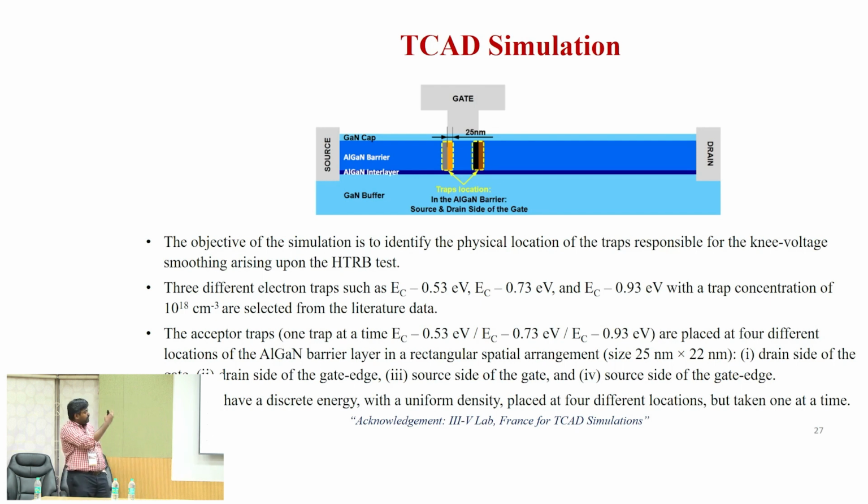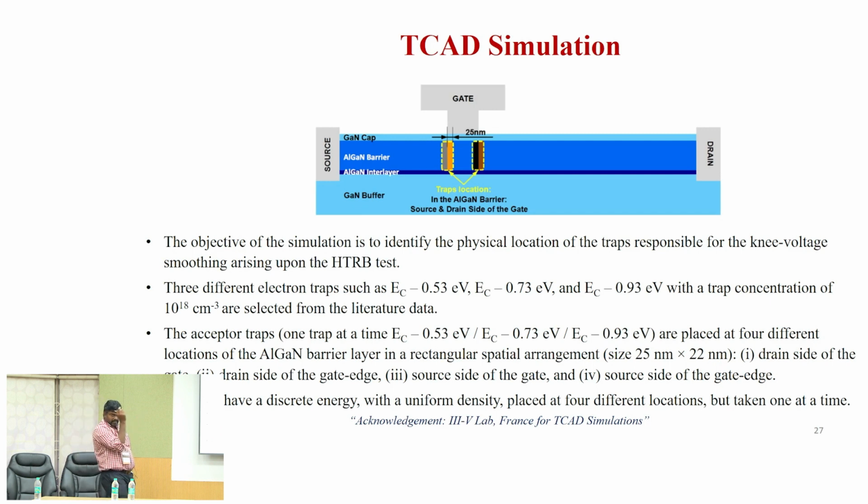Some new traps are introduced in the buffer layer also, not only in the barrier layer. According to the literature, these electron traps are considered as acceptor traps, because if there is an acceptor trap, it captures the electrons from the 2DEG, so there is a reduction in NS. That's why we have considered acceptor type traps.